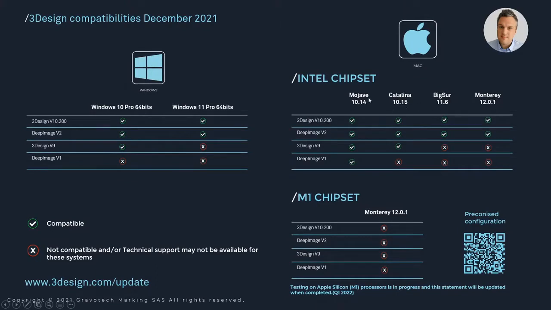Starting from Mojave, we are still compatible with Catalina and Big Sur. But we decided to stop the maintenance, and we are not compatible anymore with 3D Design v9 from Big Sur and Monterey. And this is the same for DPimage v1.